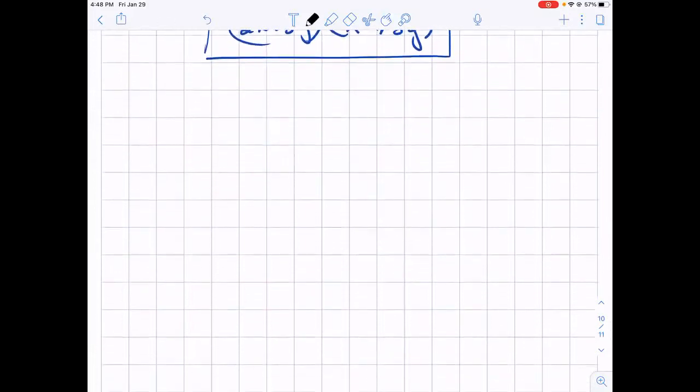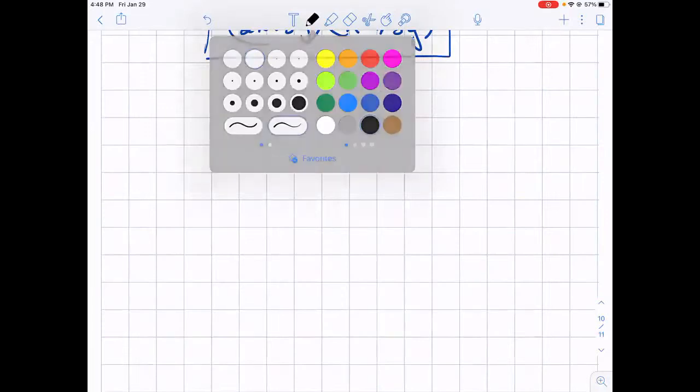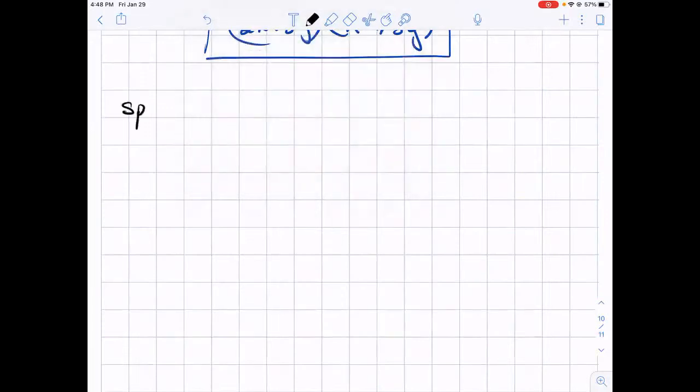We just write them or think of them as special factoring. But a very common one that follows is what is known as difference of squares.